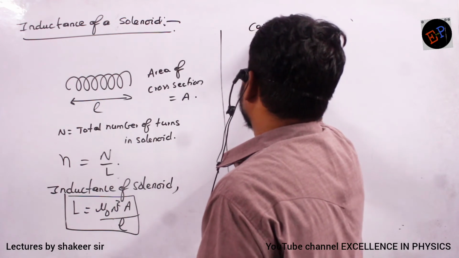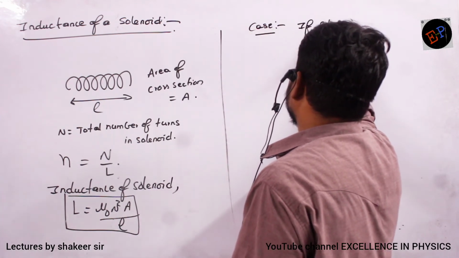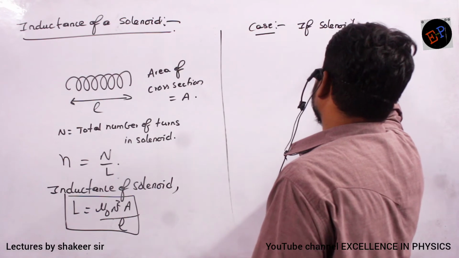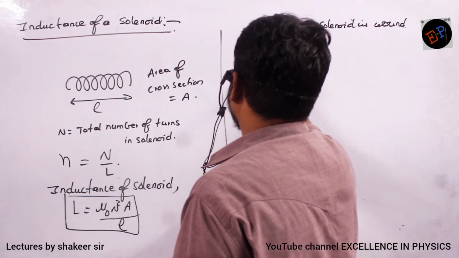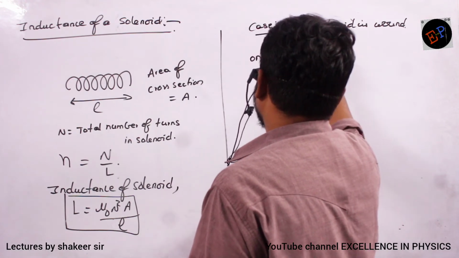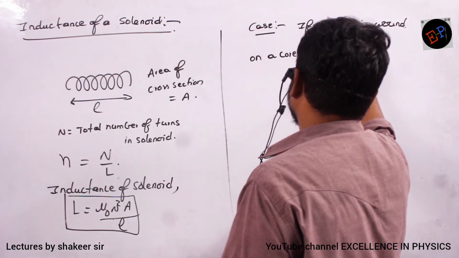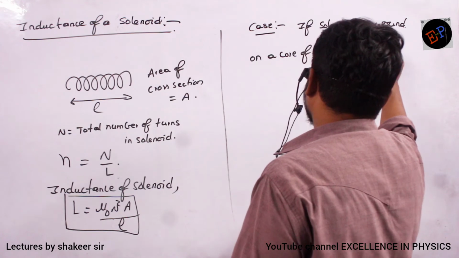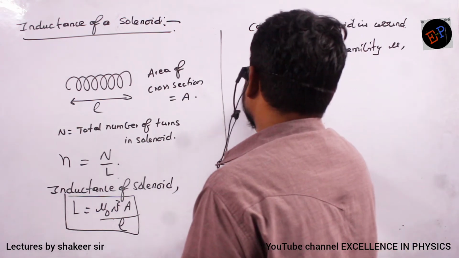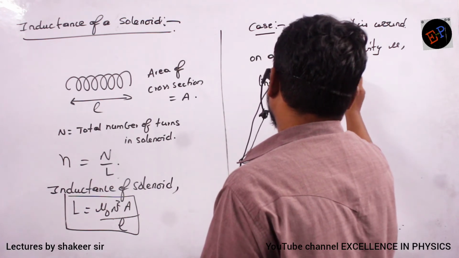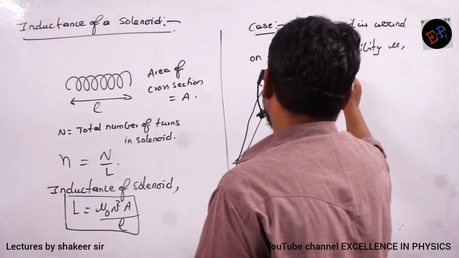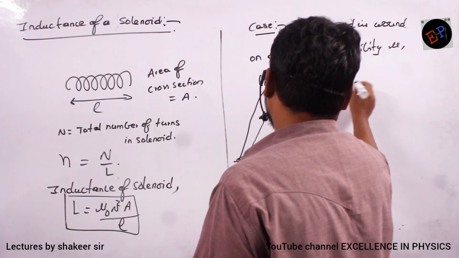And we write a case. The case is that if a solenoid is wound on a core of permeability mu, then L is equal to mu n square A divided by l.